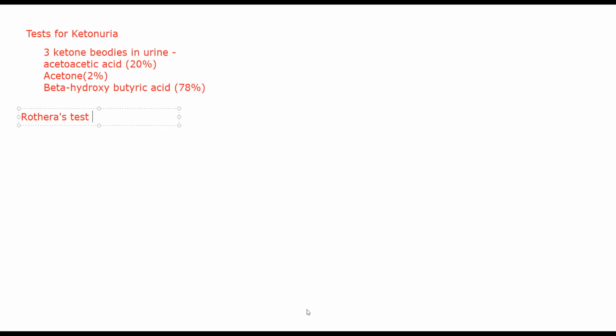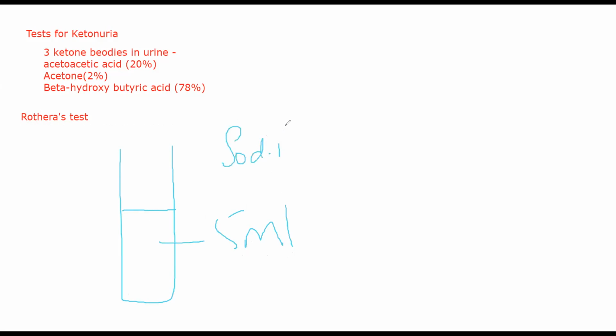Specifically what will happen is you take a test tube and you take 5 ml of urine. ठीक है, once you take 5 ml of urine you will saturate it with sodium ammonium sulfate. This is a salt.